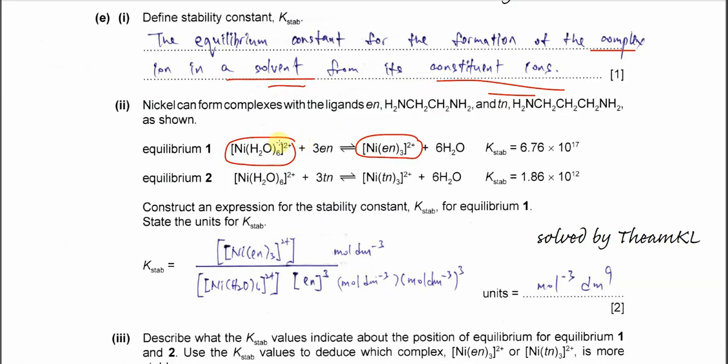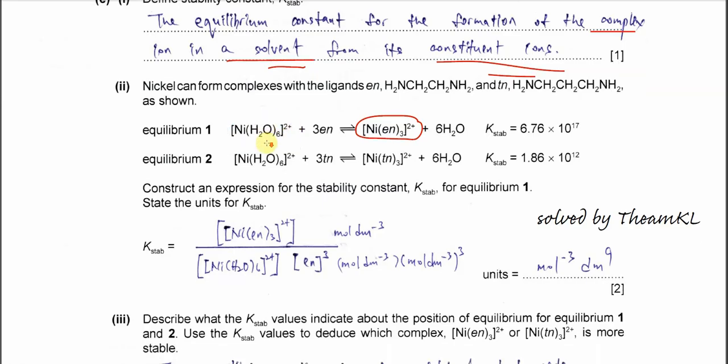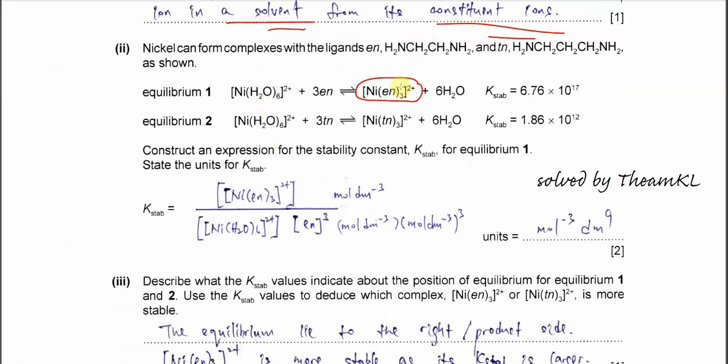So it's always from the hexaaqua complex ion, right? Now for this part 2, we have 2 equilibria. The first equilibrium is hexaaqua nickel(II) with 3en, from this complex ion, and the K stab is this.